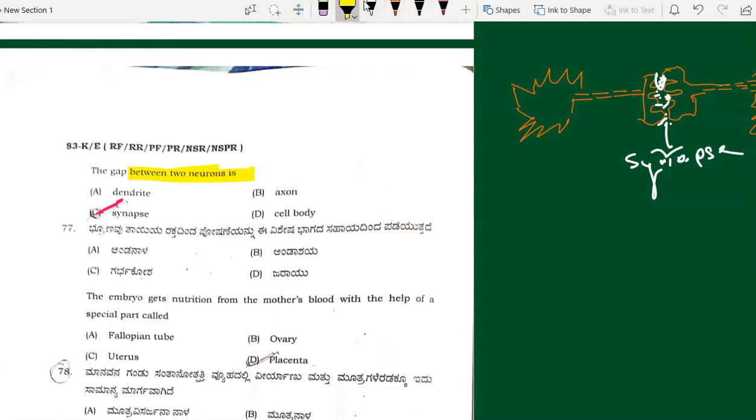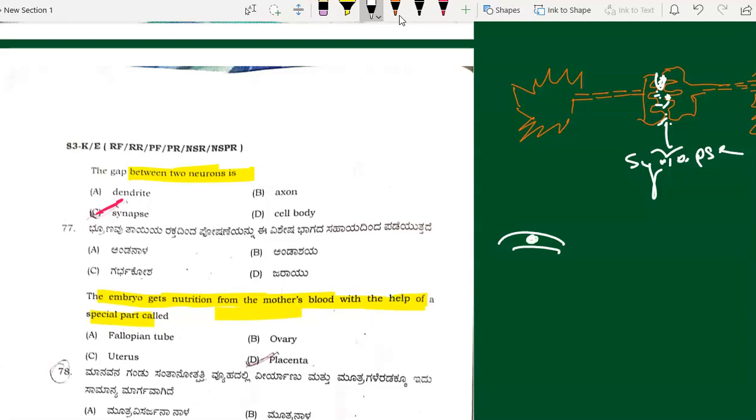Next question here, 77, the embryo gets nutrition with the help of the baby. Hence, in the human reproduction system, fertilization takes place in the fallopian tube.